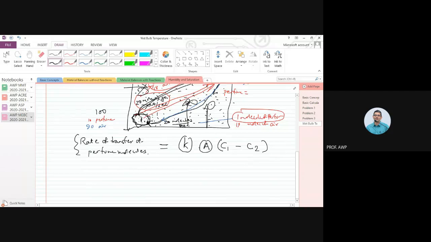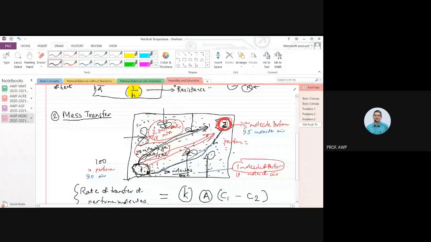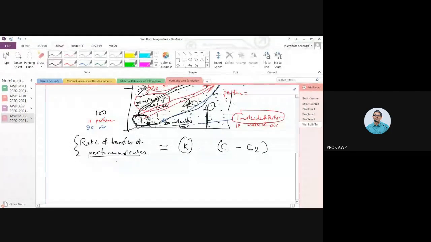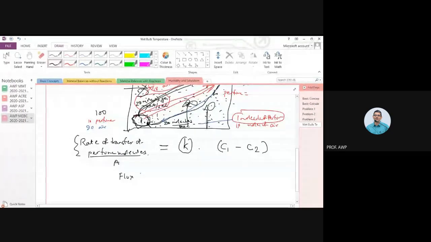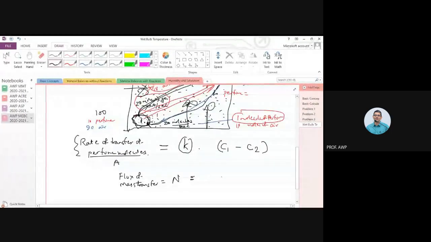So now several courses are going to be based on this mass transfer concept. Again, same way, this mass transfer per unit area, I can call it the flux of mass transfer. I'm going to denote it by the symbol N. This would be proportional to k into the concentration driving force.